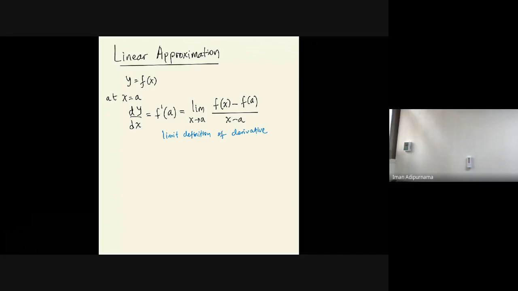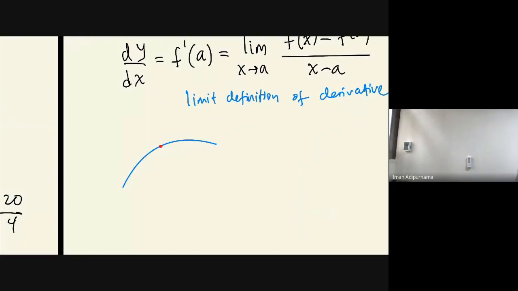So if you have functions, let me just draw a random curve. Let me observe this point. Let's say this is A. At that point, based on our definition of derivative, I can draw the tangent at A. Not really good.